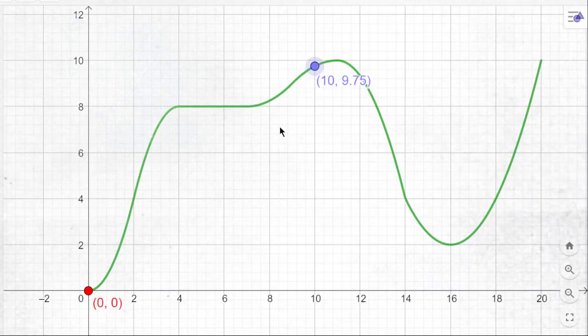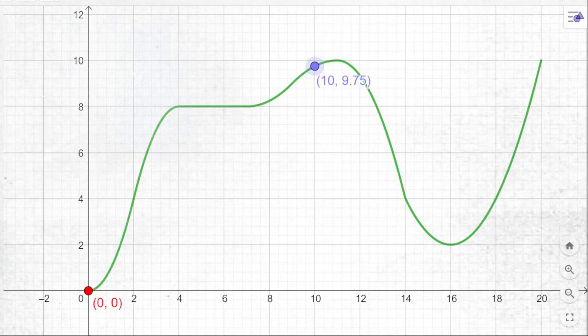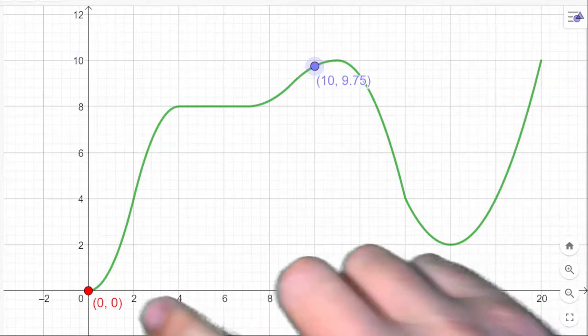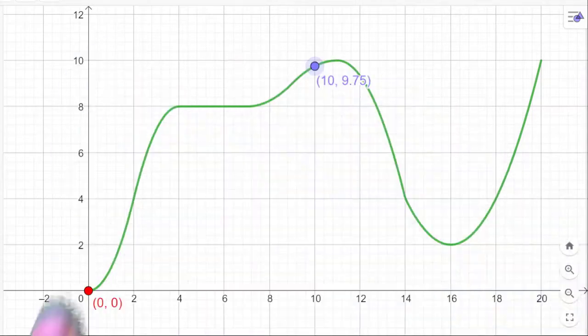All right, so I want to know what was the average rate at which the height was changing over this time interval. Well, when you think about how we measure speeds, we measure the distance traveled divided by the time it took to do it. Well, in this case, the distance is represented by the height, and the time is represented by the difference in the x values.